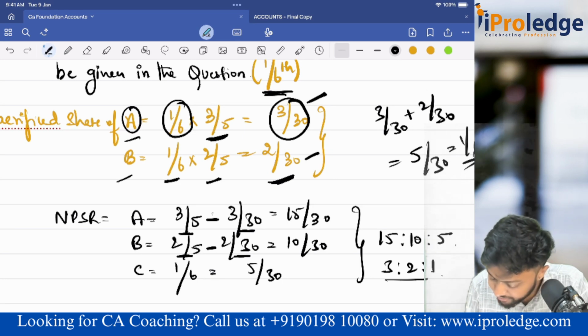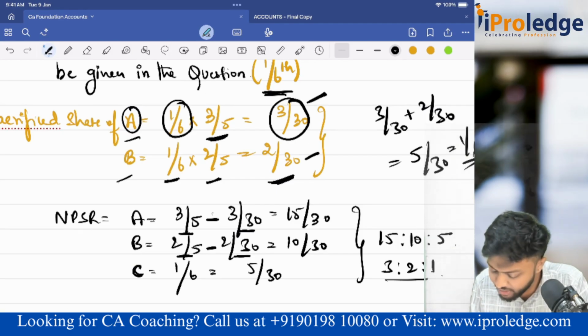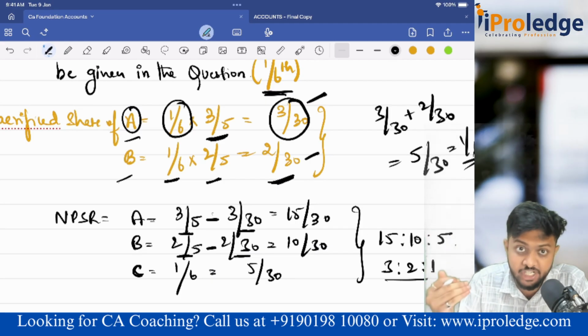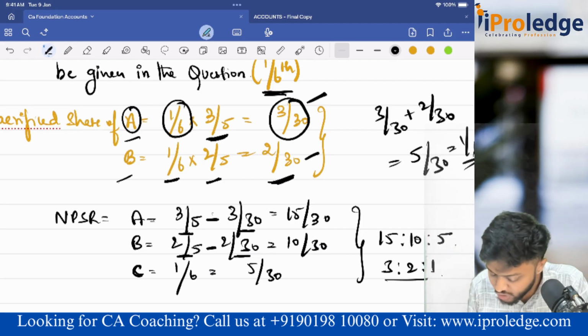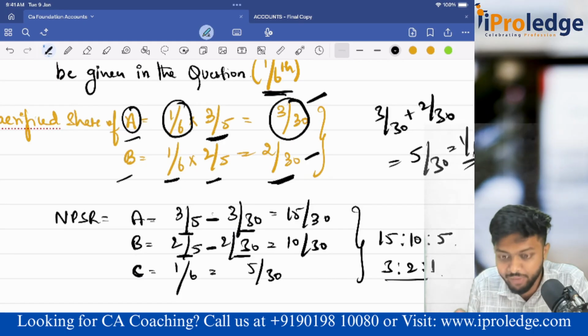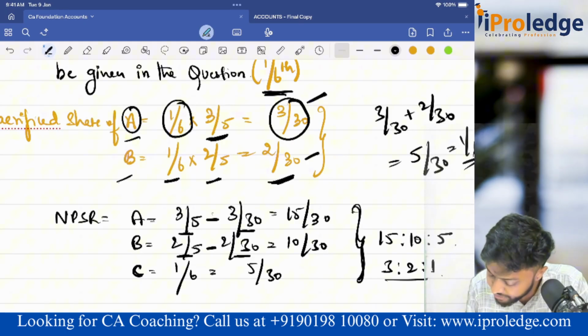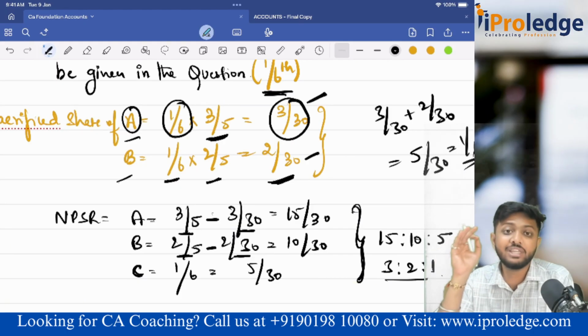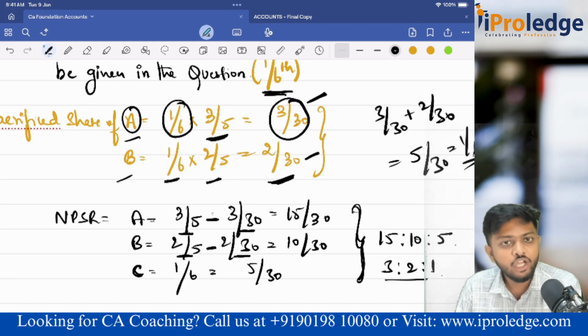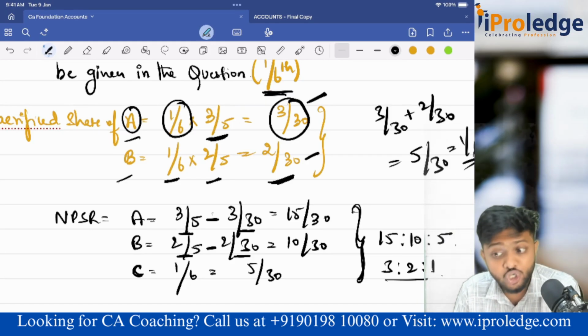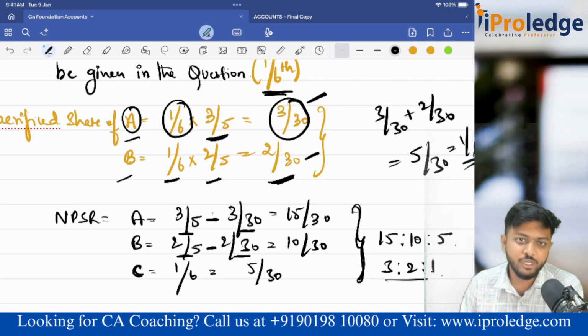So 15/30, 10/30, and C's share we already know, that is 1/6. Here I will make that 1/6 into 5/30, because all the denominators should be the same to take the ratio. So multiplying by 5, I get 5/30. So what is the new ratio? 15:10:5, which is nothing but 3:2:1, the new profit sharing ratio here in case of admission.